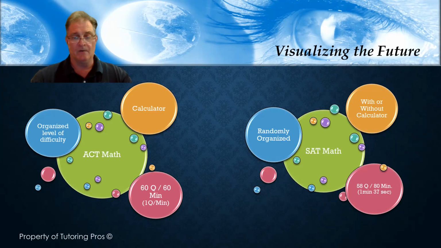In the lower right-hand corner, you'll see question comparison. The ACT has 60 questions on it, and the SAT between both sections has 58. You got about 80 minutes on the SAT total and 60 minutes total on the ACT. And that works out to about one question per minute on the ACT and about 1 minute 37 seconds on the SAT.